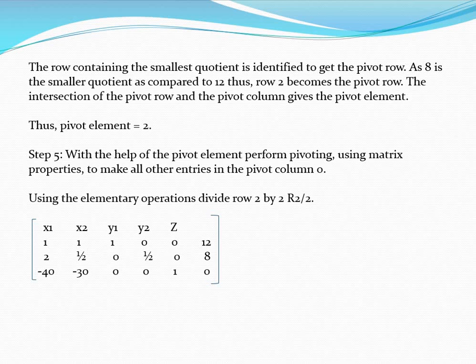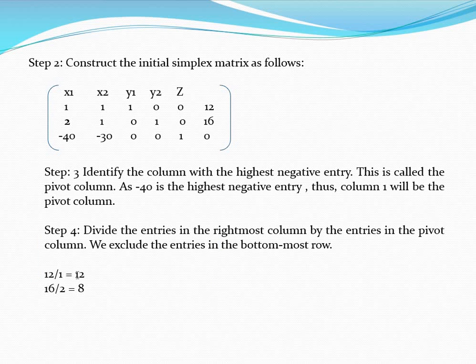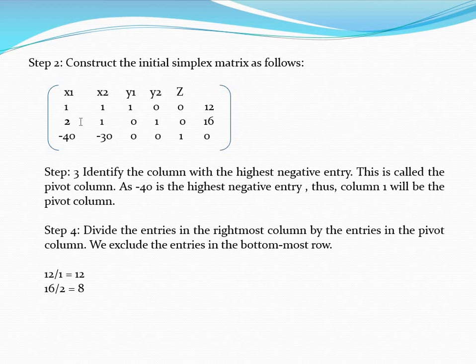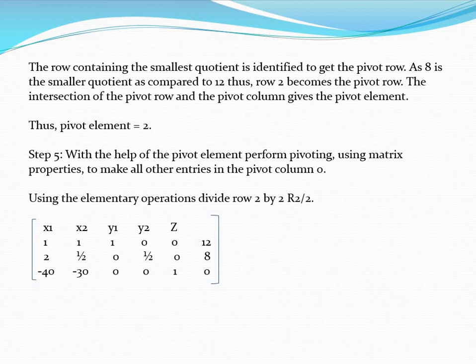And next, the row containing the smallest coefficient is identified to get the pivot row. So we are having two coefficients, one is 12 and one is 8. Which one is the lowest? 8 is the lowest. So 8 is in row 2, so this row 2 is identified as the pivot row.